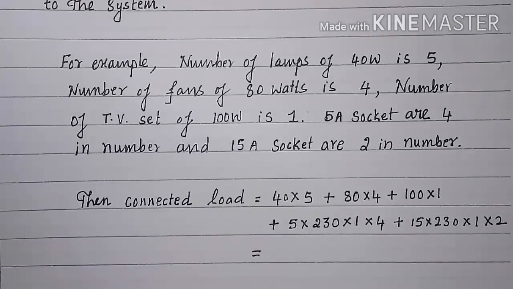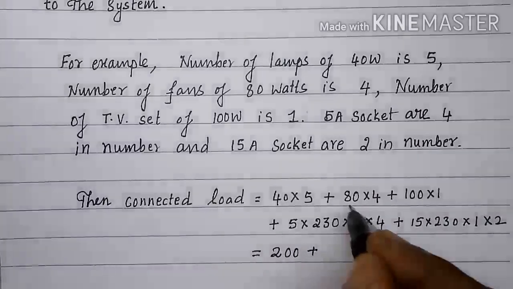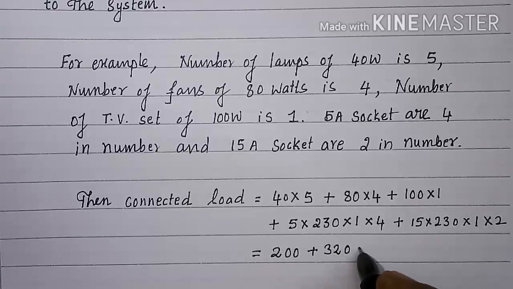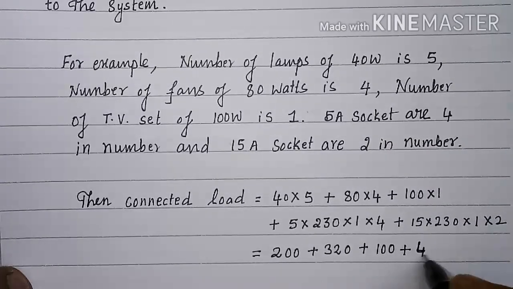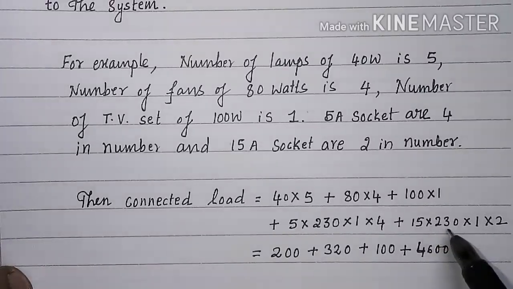Now the total power here is 40 into 5, 200, 80 into 4, 320, 100 into 1, 100, plus 5 into 4, 20, 20 into 230, 4600, plus 15 into 230 into 2, that will be 6900.